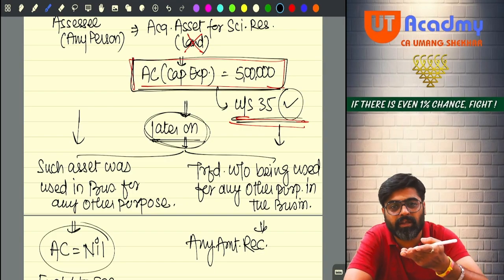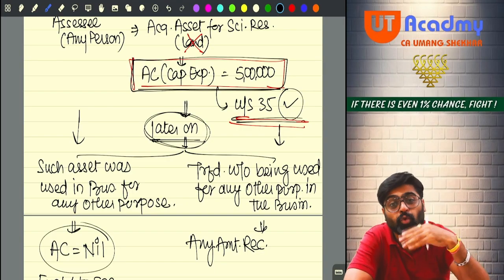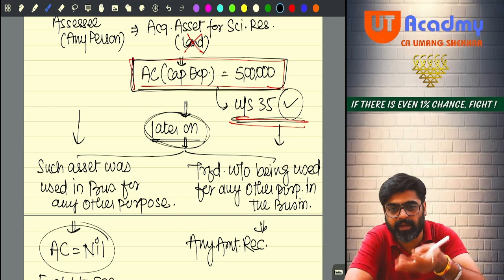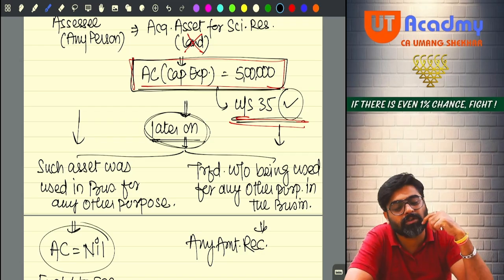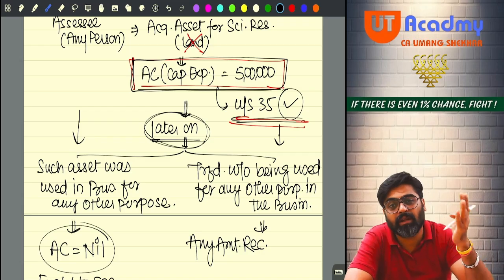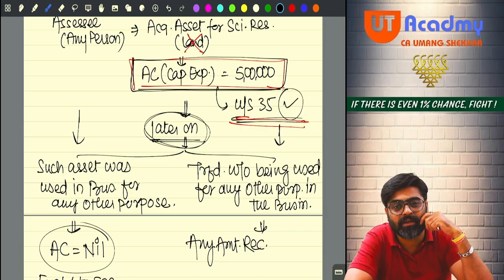So whatever recovery is made against that cost, to the extent of that cost, will be treated as your deemed PGBP income. Because how much was the cost of the asset? 5 lakhs. Under which head? You claimed that deduction under the head PGBP.